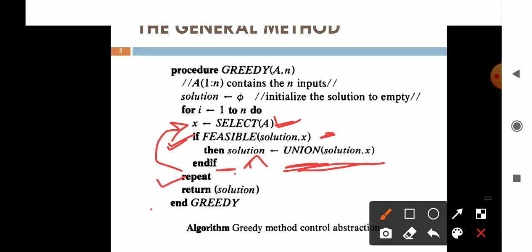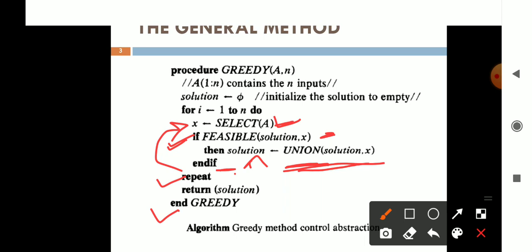Now after that, here we are having greedy. Now greedy means what? The procedure greedy describes the essential way that a greedy based algorithm will look. So here we have the particular procedures. Select procedure is there, feasible procedure is there, union is there.